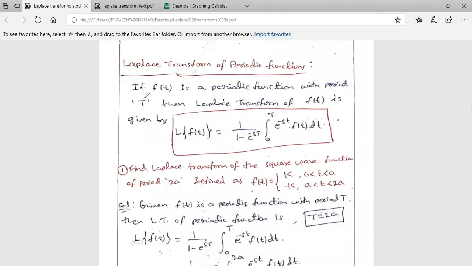To find the Laplace transform of this kind of periodic function, we use this formula. Just observe the definition.